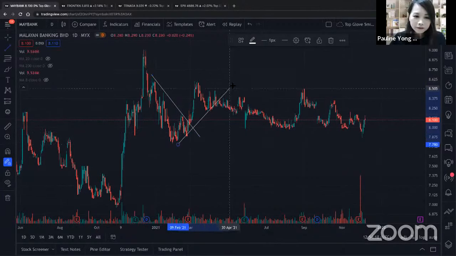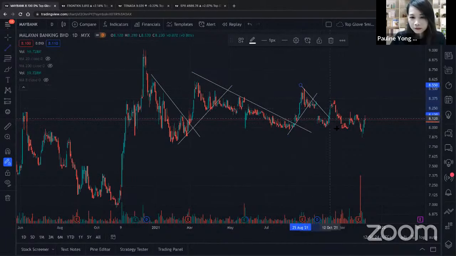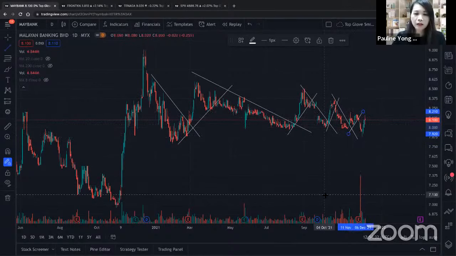Then this one down, and then you see how I draw. Because I am very, very used to drawing the trend line, I draw trend lines every day on a daily basis. So it's like an automatic kind of operation for me. When I see that, I can straight away draw.